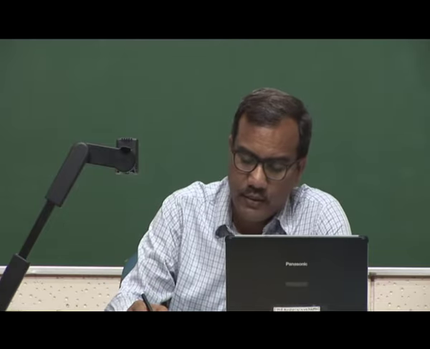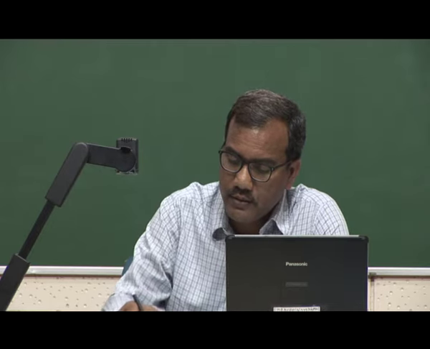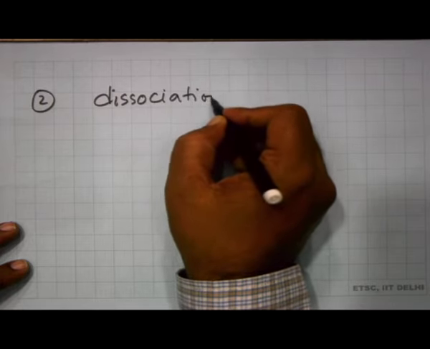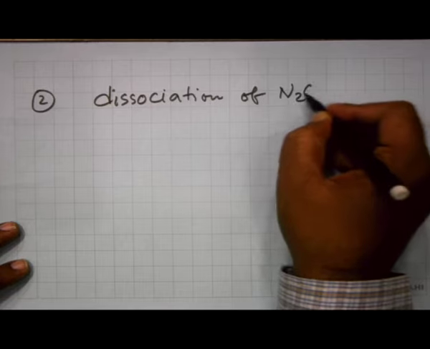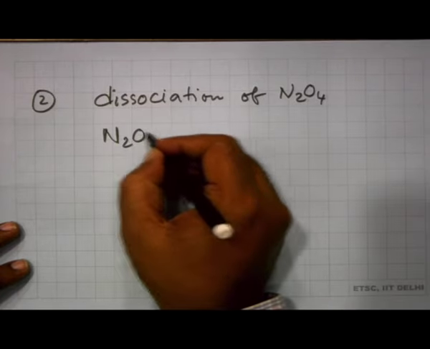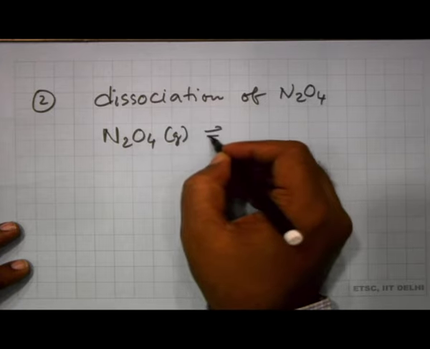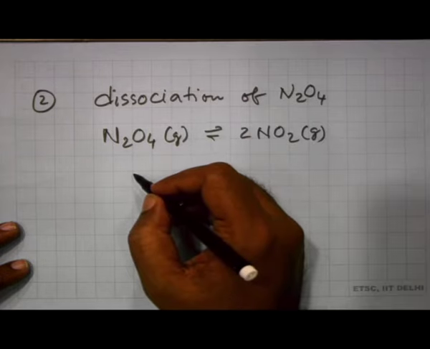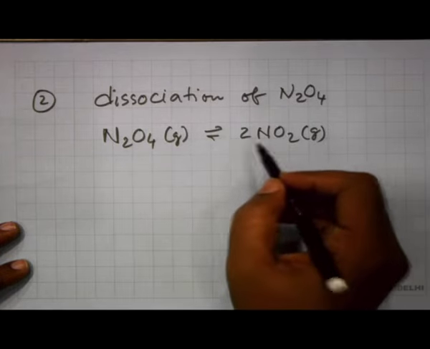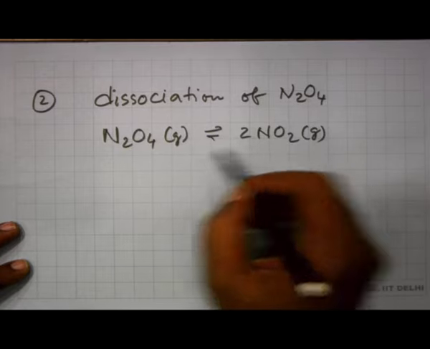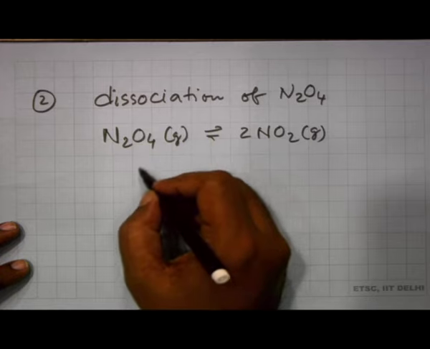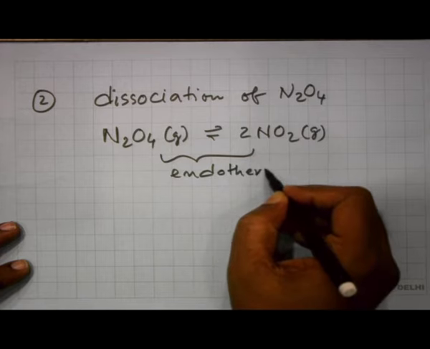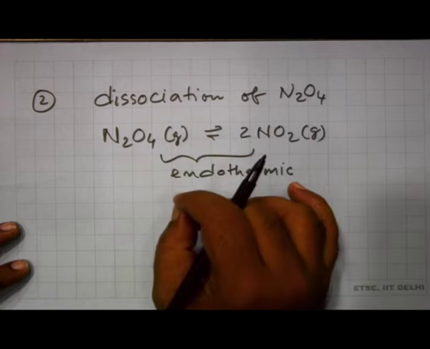Now, let us take dissociation of N2O4. The second reaction is dissociation of N2O4. So, N2O4 gas dissociating to 2 NO2 gas. In this case, your reaction is basically endothermic. It means that heat is absorbed during the process.